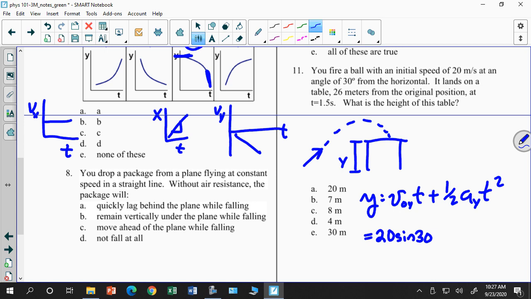That should be second nature to you by now. Times t, which is 1.5, minus 5 times 1.5 squared. The minus 5 is 1/2 of -10. You're right, though, if you had to find the time, this is a lot like what y'all did in lab. If you had to find the time, you'd have to use the quadratic formula to solve for t.